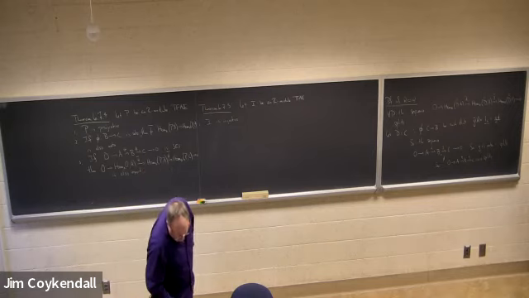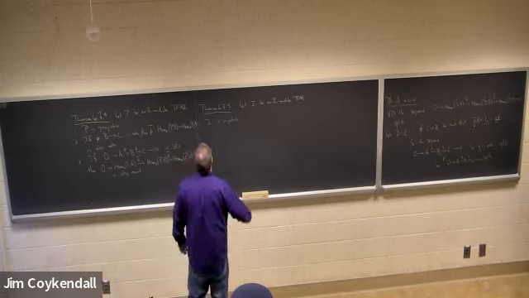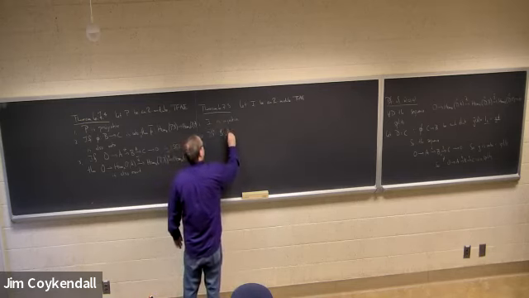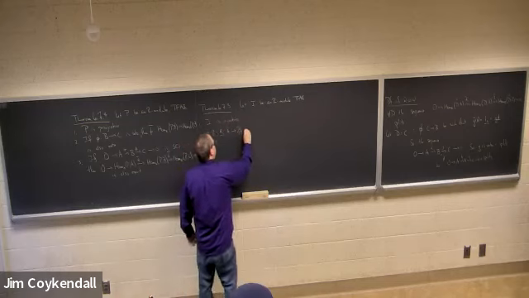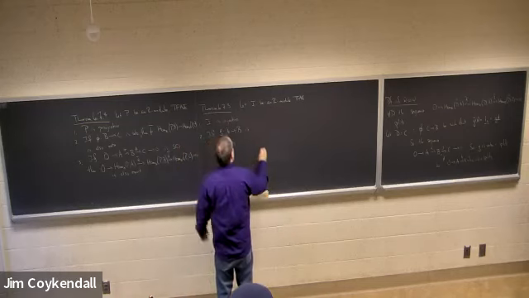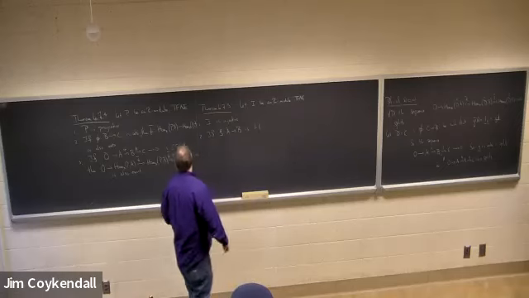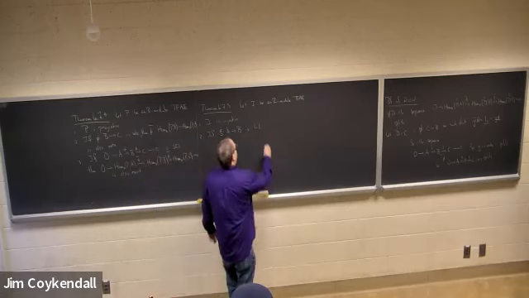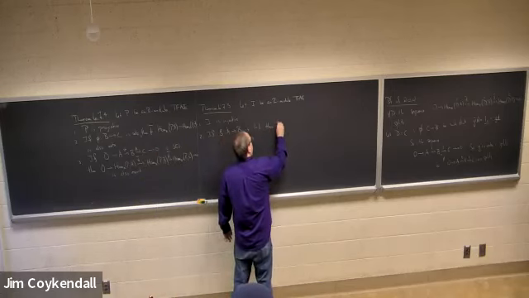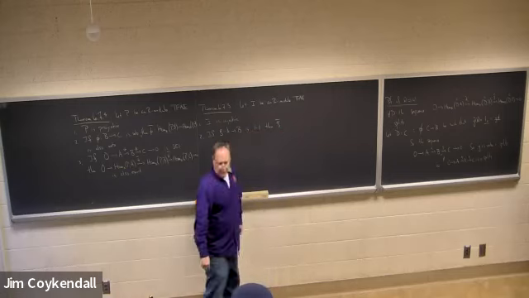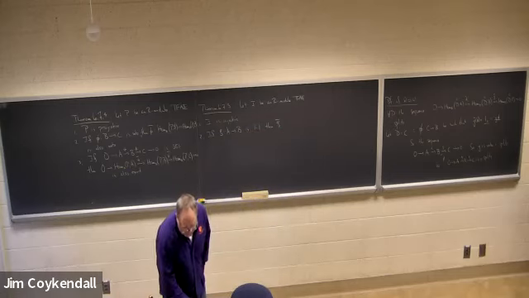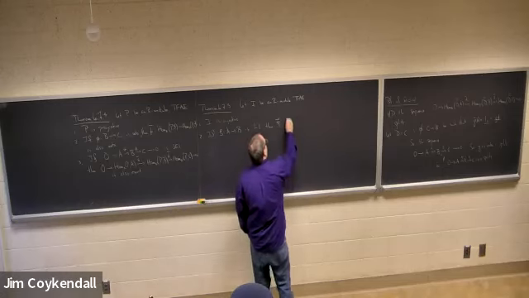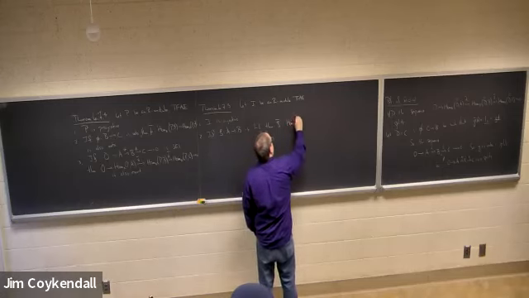If you have, so instead of onto it's one-to-one. So if you have your homomorphism is one-to-one, then, and by the way, which direction do you think we're going here?